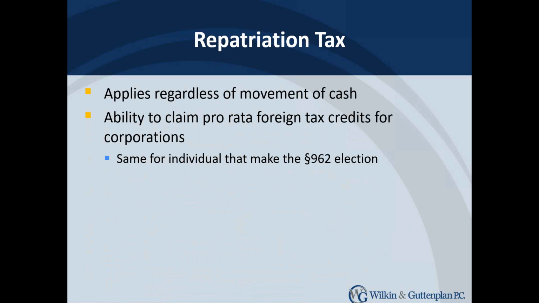And the reason Subpart F income is important here is because the whole repatriation tax regime is brought into income via the Subpart F regime. So it acts as an income item that's taxed at special rates. So once an individual makes this 962 election, they'll be able to claim some of the prorated foreign tax credits.